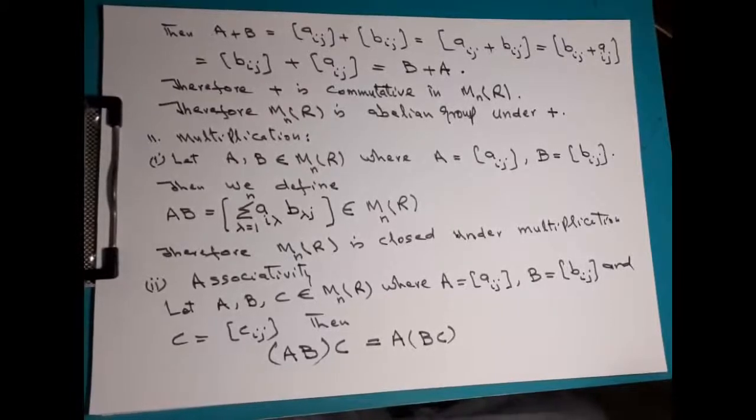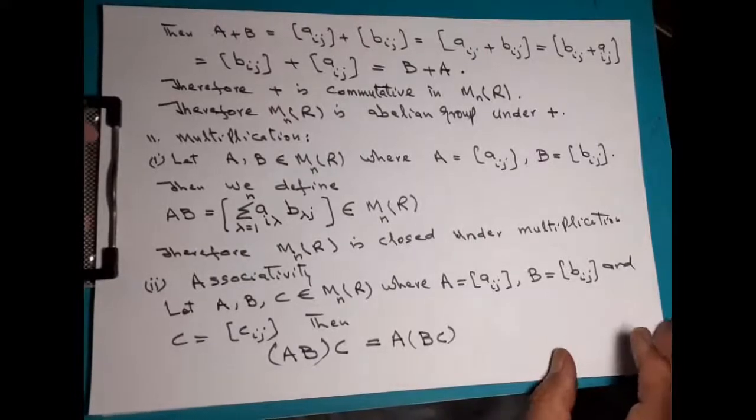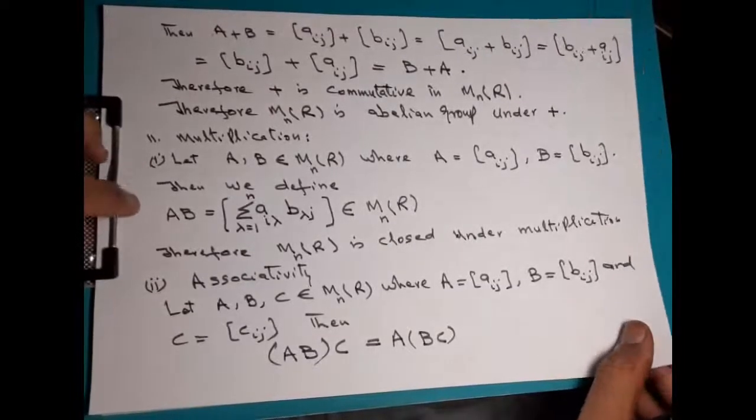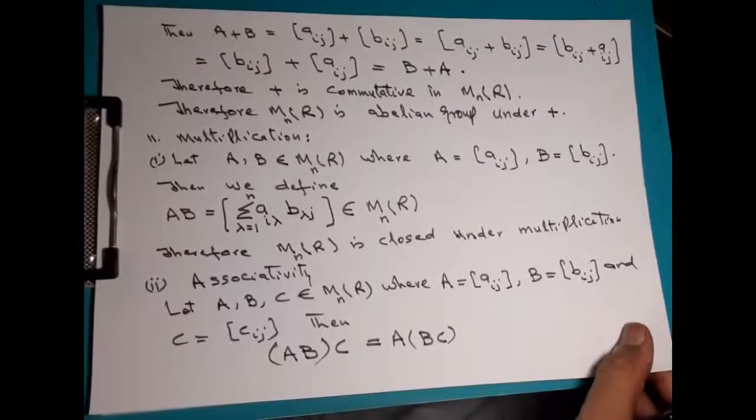And very simple to establish this result. I will simply write in the form of hints, because you can do it very easily, details on your own. So I will just write hints.